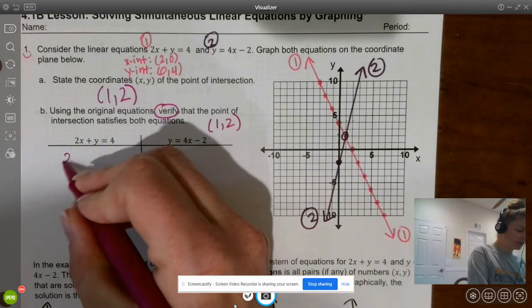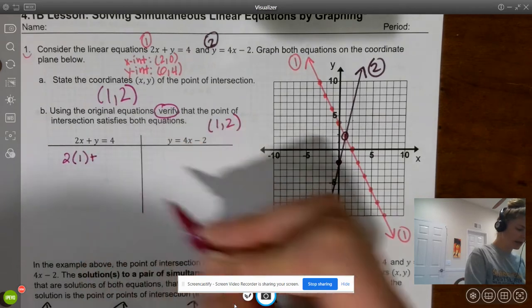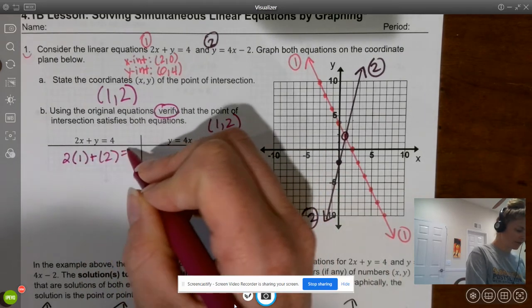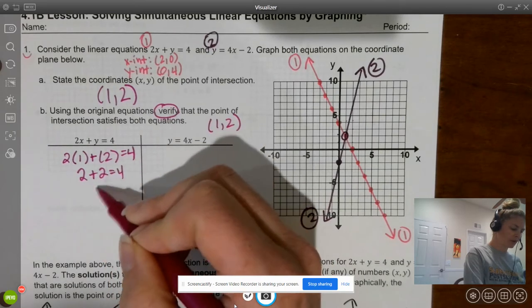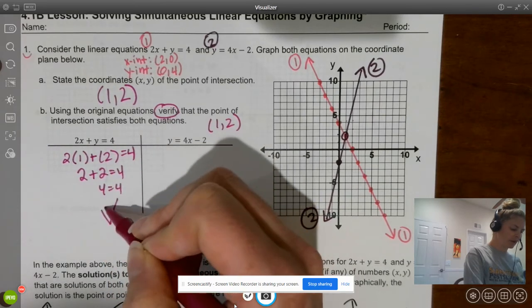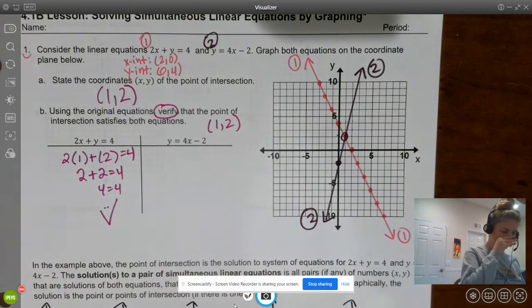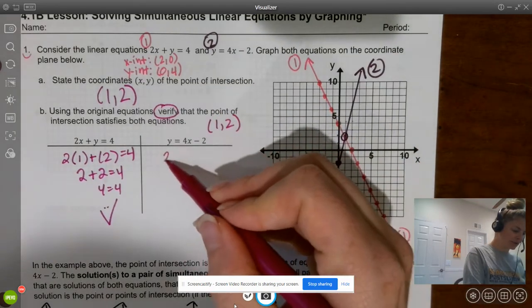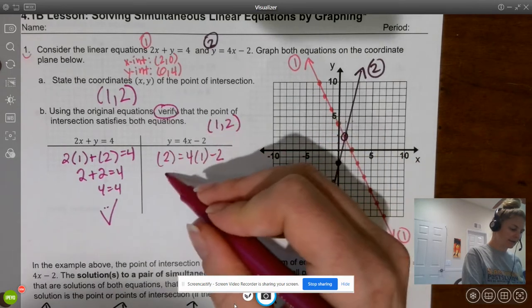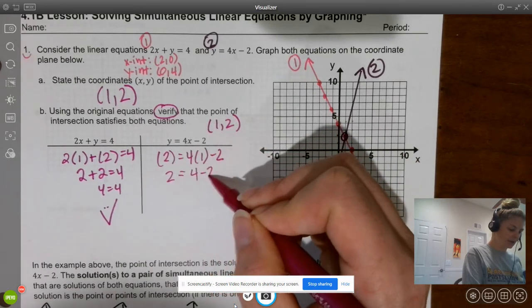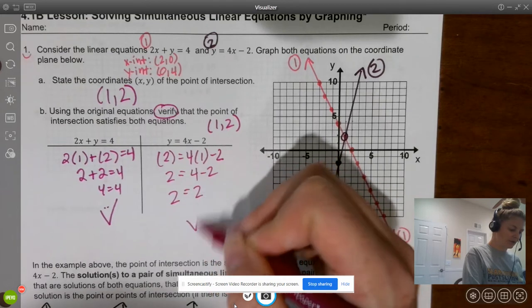So here I'll have 2 times 1 plus 2 is equal to 4. Order of operations, multiply first, and 4 equals 4. Awesome. And the second equation, I'm going to substitute 2 in for y, 1 in for x. 2 equals 4 minus 2, and yes, 4 minus 2 is 2.